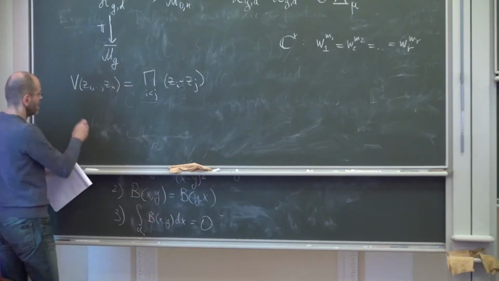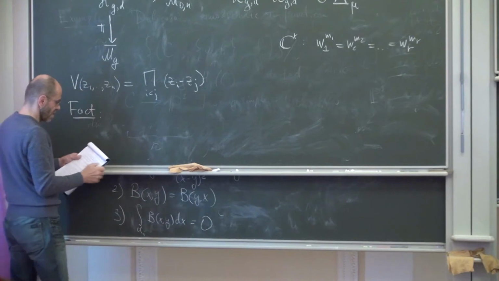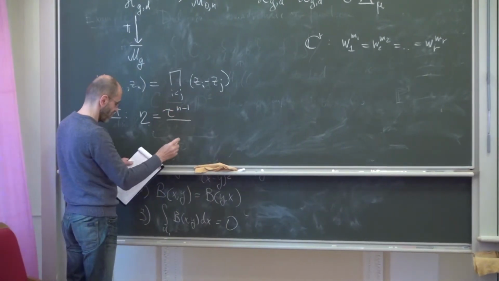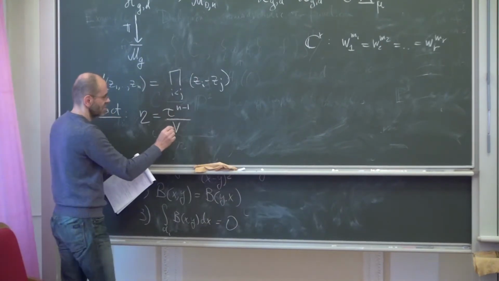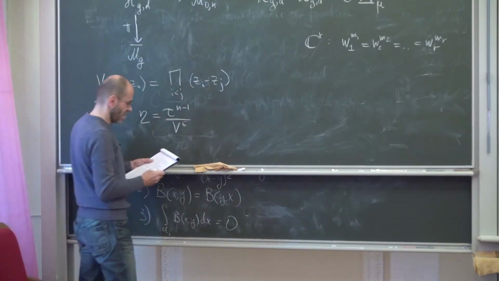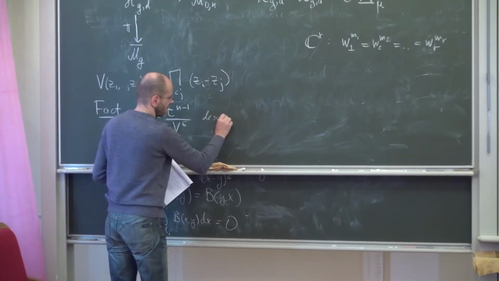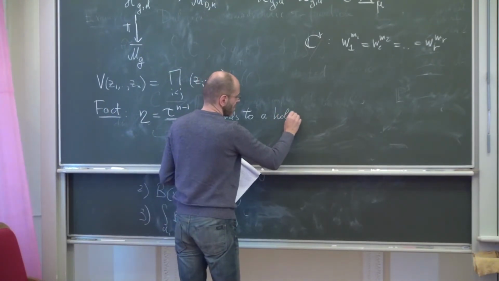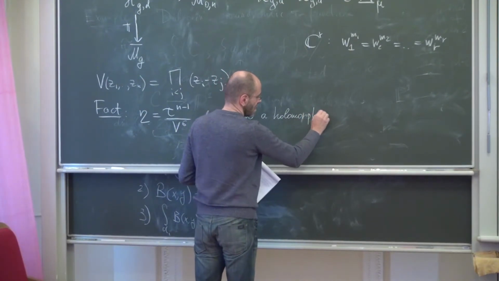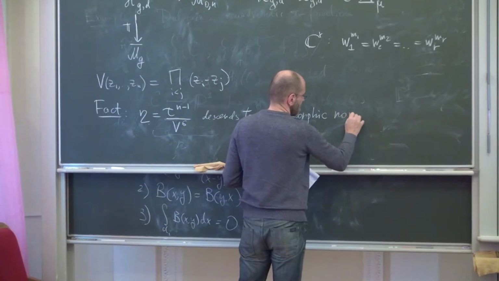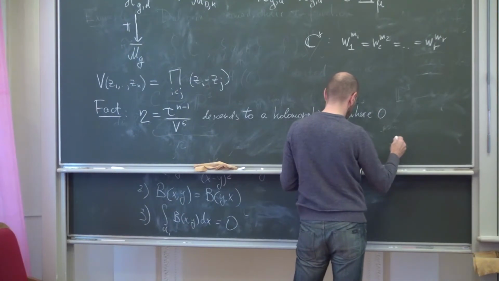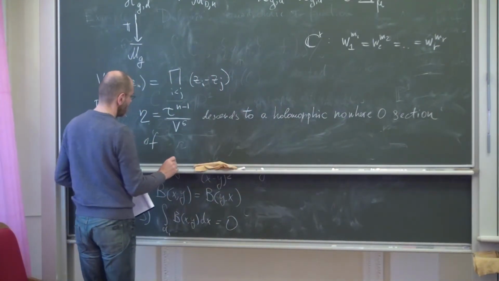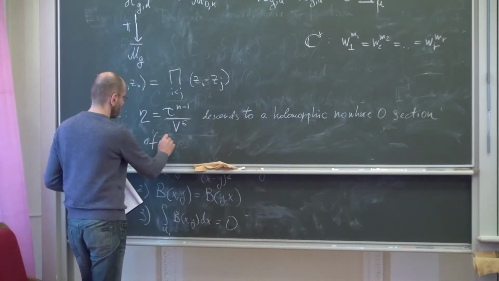And the fact is that if we put eta to be tau to the n minus 1 over the van der Monde determinant to the 6, then this thing descends to a holomorphic nowhere zero section of the line bundle of the pullback of the Hodge line bundle, or more precisely to the power of the Hodge line bundle.